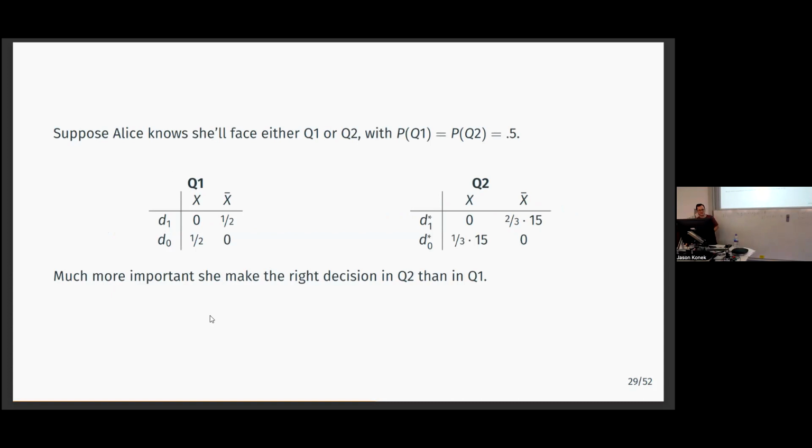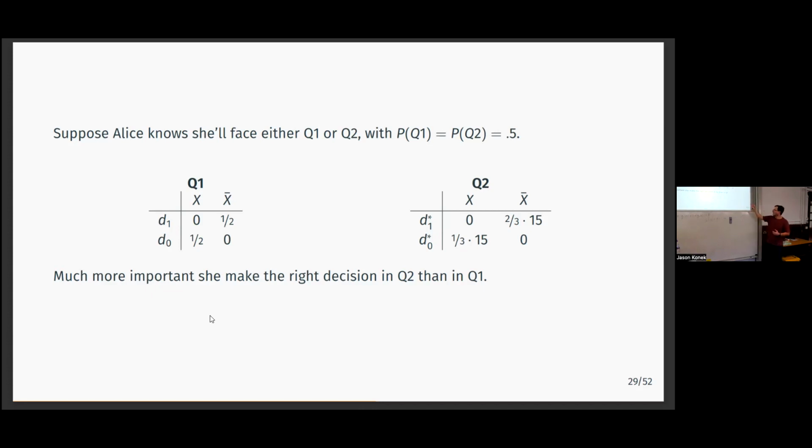Right, so just to make this concrete, let's say I know I'm going to play some bet on rain. I'm either going to face Q1 or Q2. If the world hits me with Q1, I have a cutoff of 0.5. If the world hits me with Q2, I have a cutoff of a third.